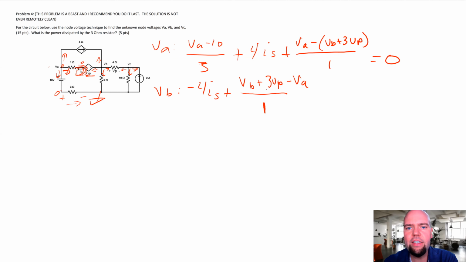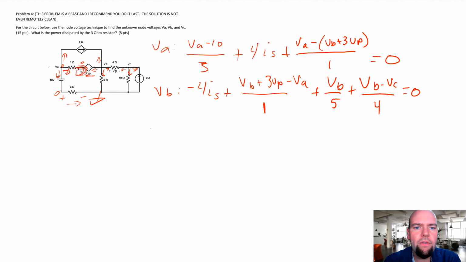And again, this equation is the negative of the other one. So this equation here is IS. Something to keep in mind, that is IS. And before I forget something if I keep yammering here, VB minus, it looks like a 5, VB minus VC over 4. And, oh, that's it.